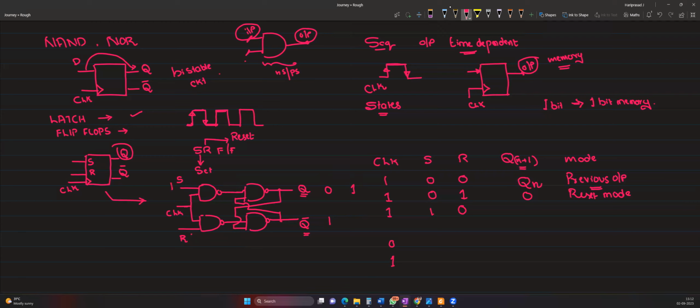Here one input is 0, and if one of the inputs is 0, it will forcefully become 1 only. So 1, 1 will become 0. So the 0, 1 got changed to 1, 0.